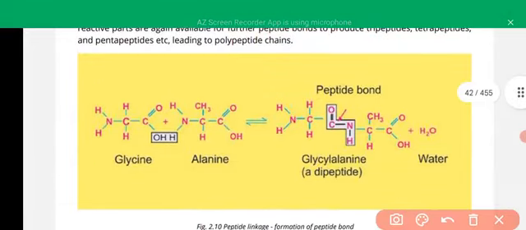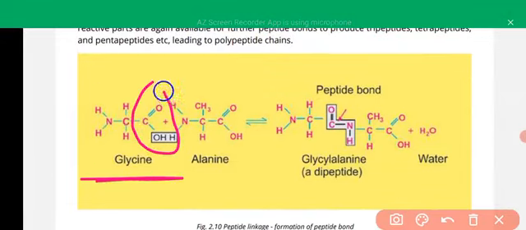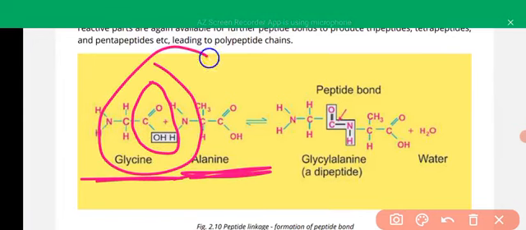Like here is glycine, here is its carboxyl group, and alanine, here is its amino group, NH2. They combine to form a peptide linkage, a CN bond.